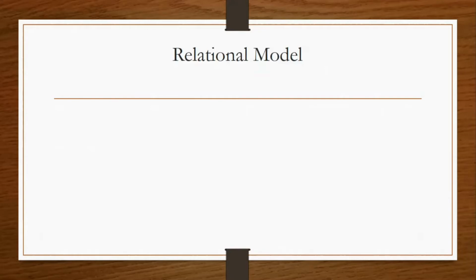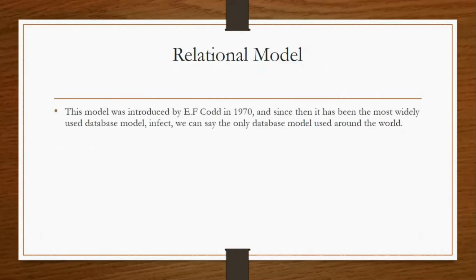So let's see the relational model. This model was introduced by E.F. Codd in 1970, and since then it has been the most widely used database model. In fact, we can say the only database model used around the world.